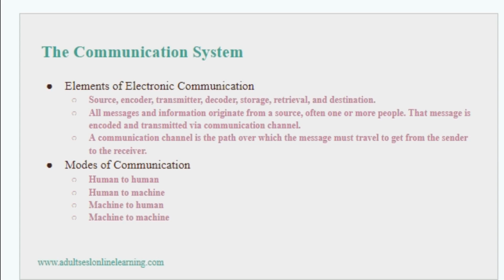All messages and information originate from a source, which is often one or more people. That message is then encoded or changed into a signal and transmitted via a communication channel. A communication channel is the path over which the message must travel to get from the sender to the receiver.